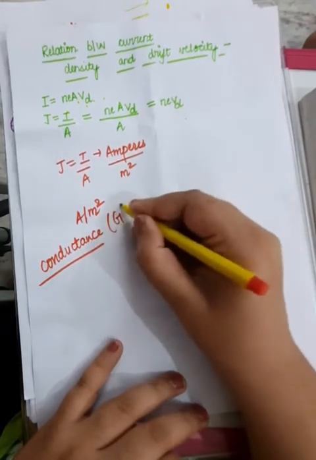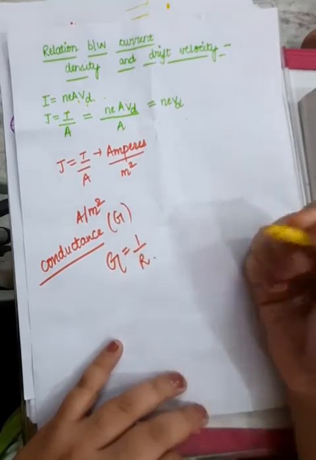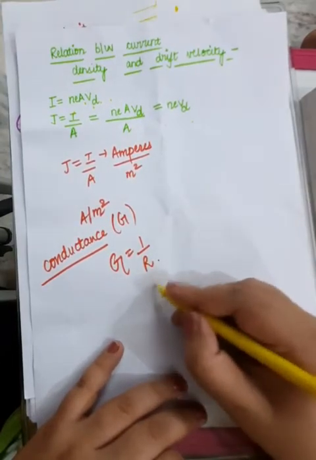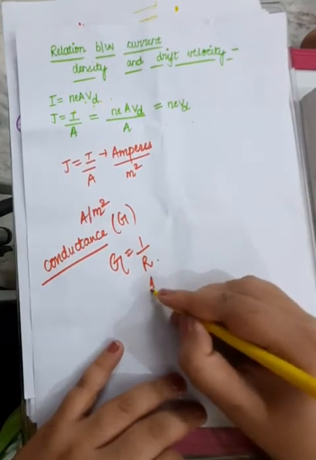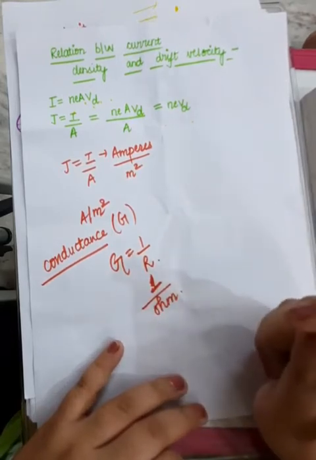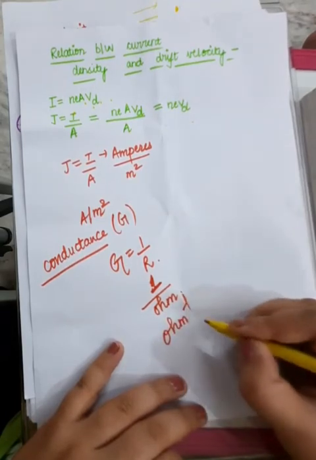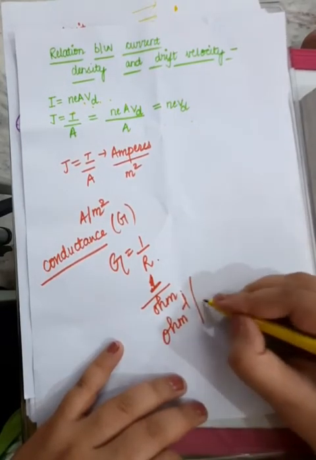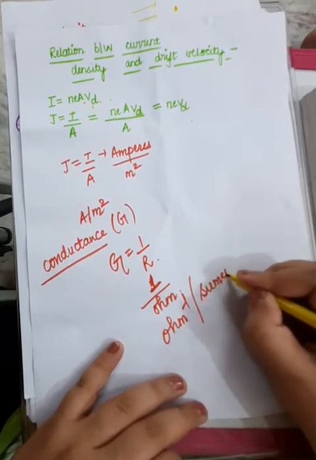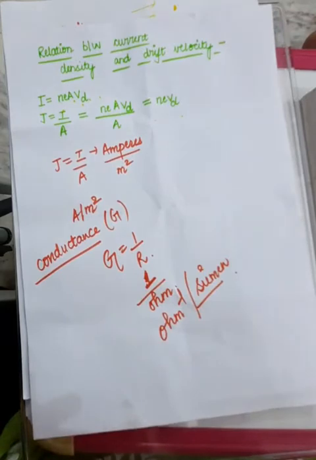Conductance is denoted by G, and G is equal to 1 upon R, or its unit will be 1 upon ohm. So we do write ohm inverse. Ohm inverse is also known as siemens. So this is the SI unit of conductance.